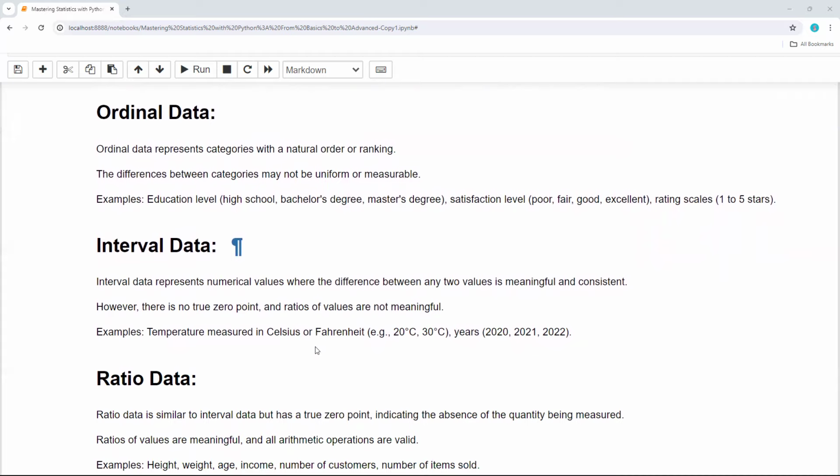Example cases are temperature measured in Celsius or Fahrenheit, like 20 degrees, 30 degrees, and years also, 2020, 2021. These all come under interval data. It should be numerical data with some intervals.